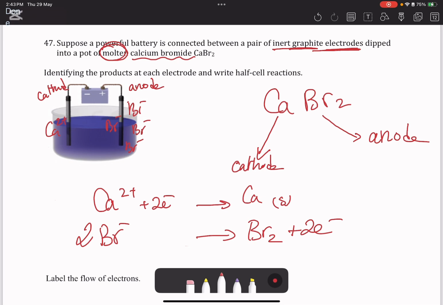So identify the products at each and write their reactions. The product at the cathode is the calcium metal, calcium is going to be liquid, and the product at the anode is going to be Br2 gas.